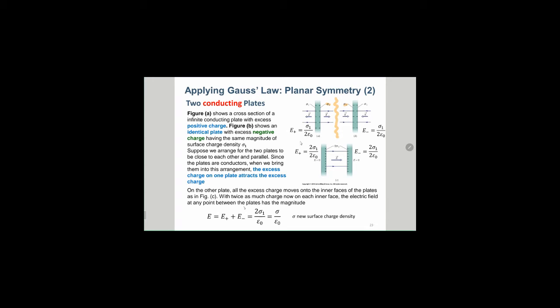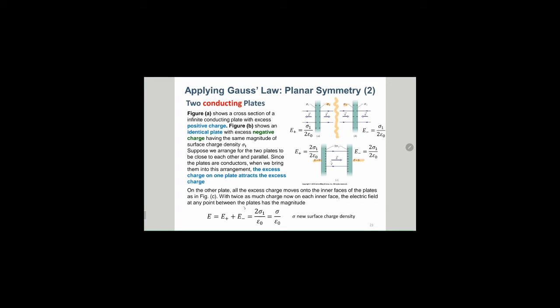So there will be no E field on the left side. And similarly, there will be no E field on the right side, because we have E field pointing to the right side and E field pointing to the left side with the same magnitude. So they perfectly cancel each other. So in this part E is 0.